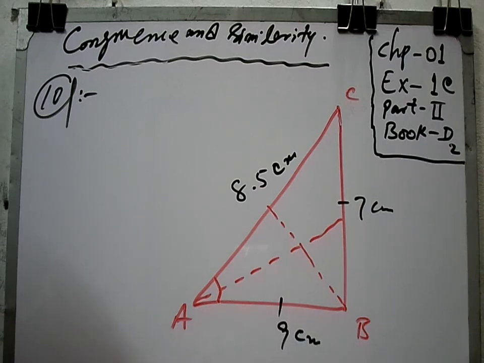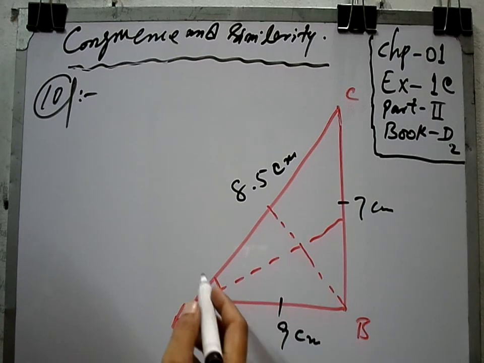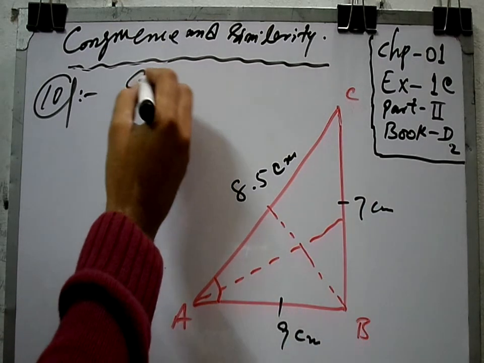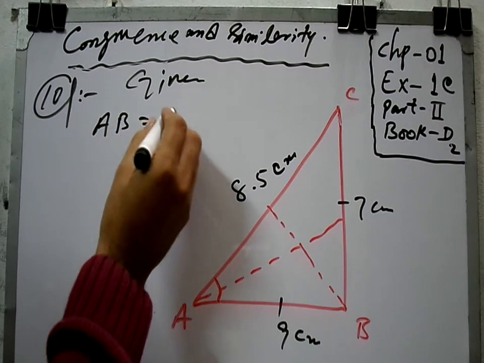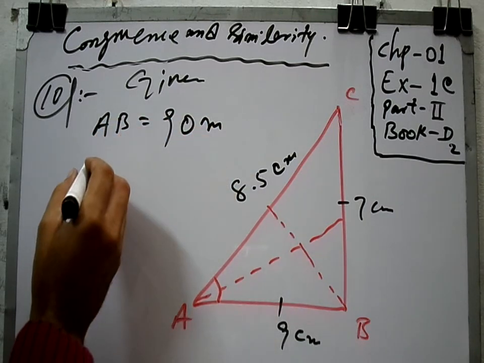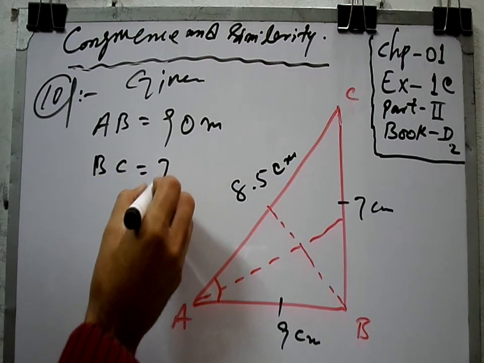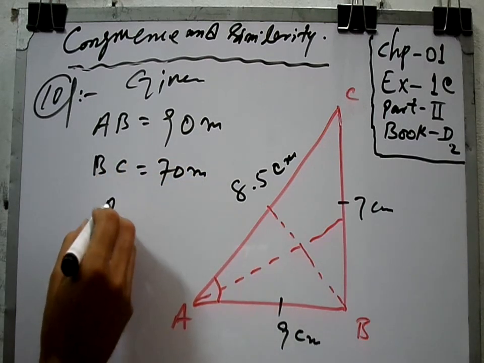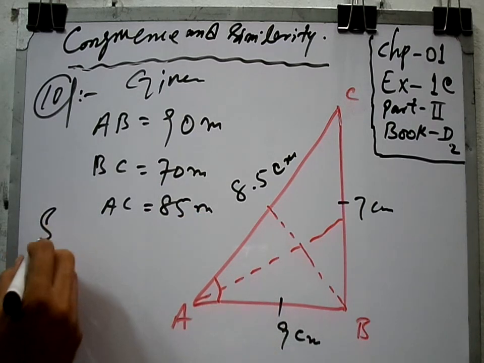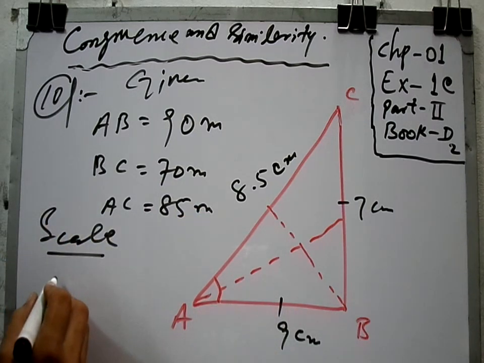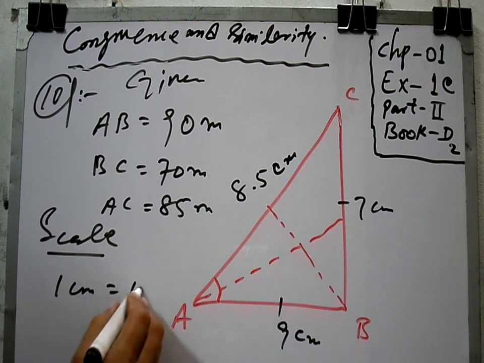So the given data is AB is equal to 90 meter, BC is equal to 70 meter, and AC is equal to 85 meter, and scale is 1 centimeter is equal to 10 meter.